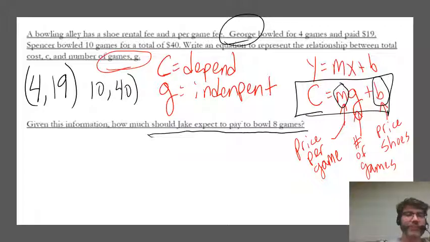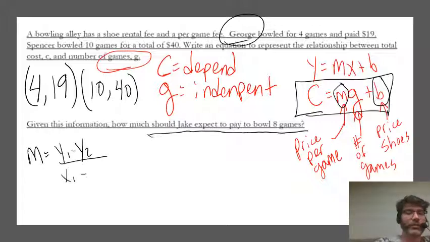So do you see that we have these 2 points now? Since we have 2 points, we can make a slope. So m equals y1 minus y2 over x1 minus x2. Okay, and let's call this over here x1, y1, and let's call this over here x2, y2.